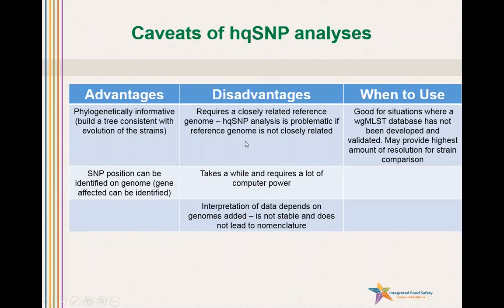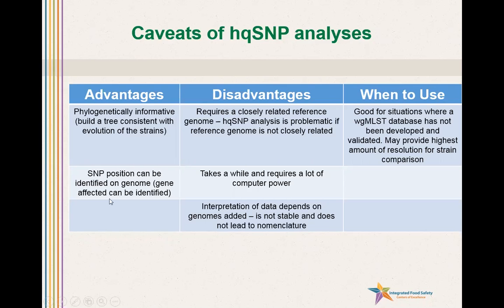If we do not have a reference genome that is similar to the organisms we analyze, these analyses can become challenging and difficult. So if I, for example, would want to analyze a genome for Salmonella Oranienburg, and the only reference I have is Typhimurium or something like that, then it might not work as well. High-quality SNP analysis is very good for situations where we don't have a whole genome MLST database, but the database is in the process of being developed, and in some cases might provide the best resolution for strain comparisons.